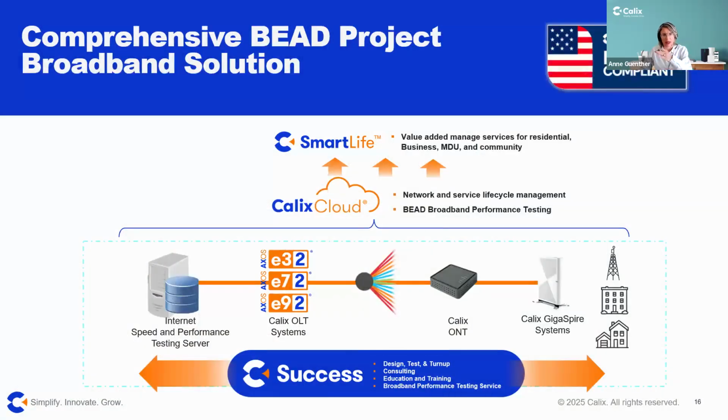What we're going to do over the next series of slides is start with the big picture, and then drill down into the details. It starts here with the Calix broadband platform and BEAD compliance systems. That's the bottom part of what you're seeing here. This is where it enables you to build the scalable and secure networks that meet the funding testing requirements. And then using this platform, you can leverage Calix Cloud. That's the next layer. This is the test controller for the funding performance testing and reporting.